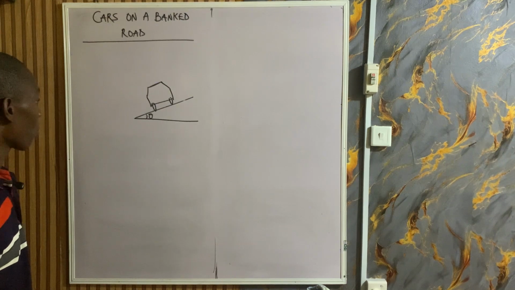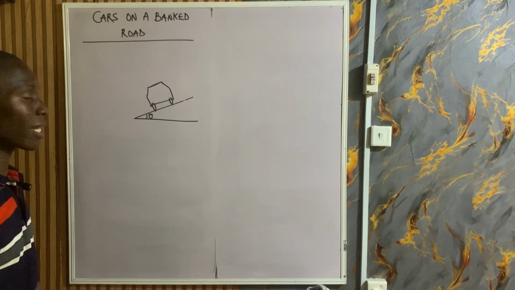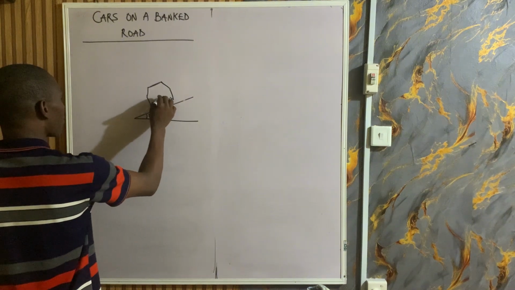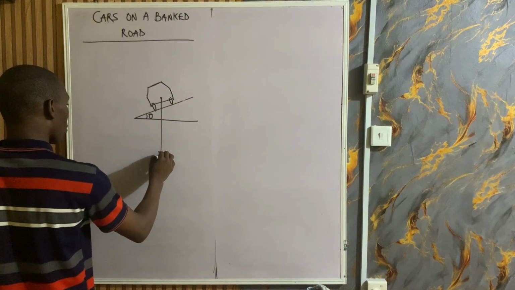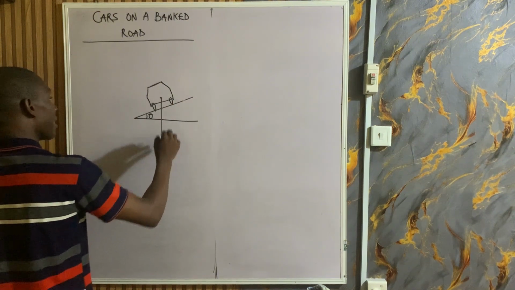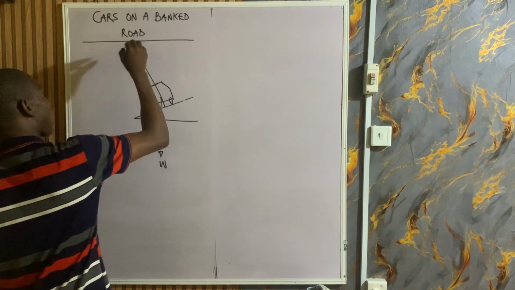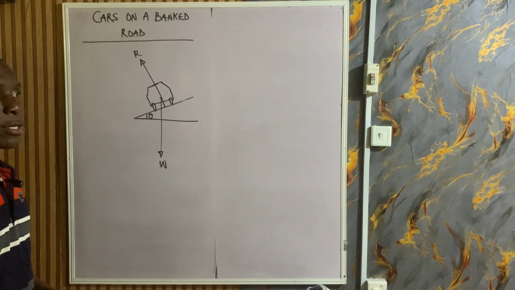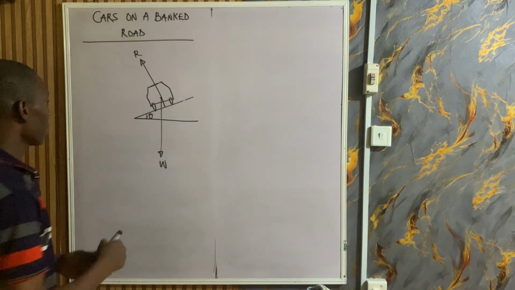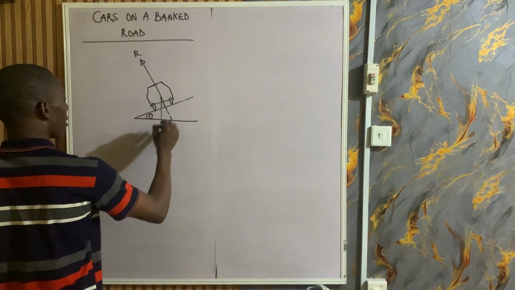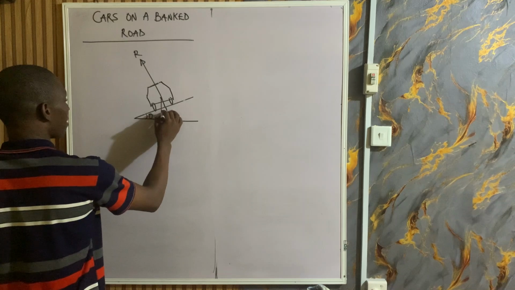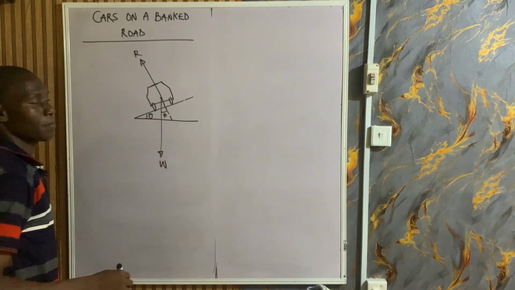Now the next thing we want to bring out here is the forces acting on this car. First of all, I will have the weight acting vertically downward. Then I will have the reaction acting in this manner. Now, this is our angle here. This angle theta here will be the same angle here, theta.